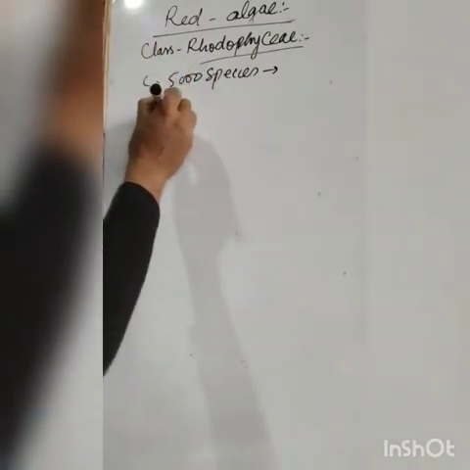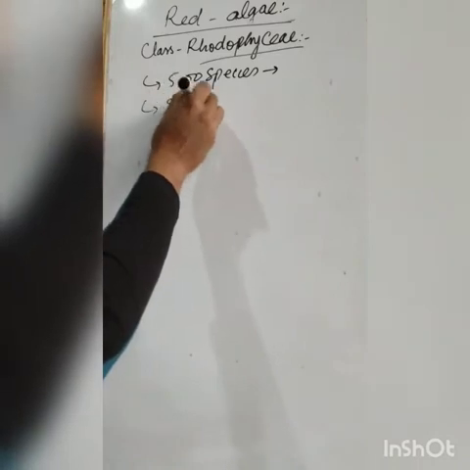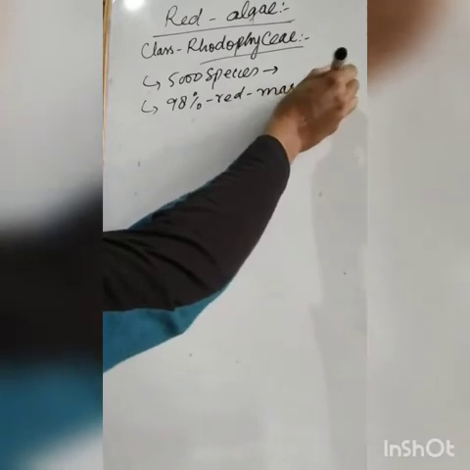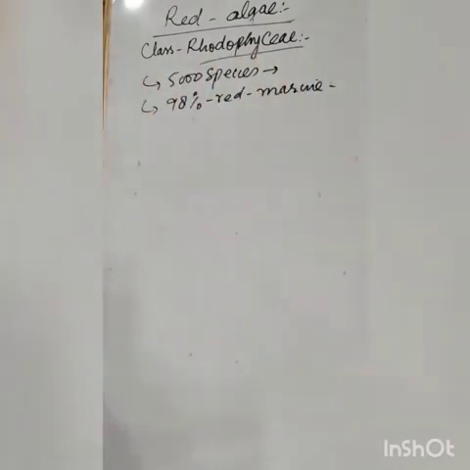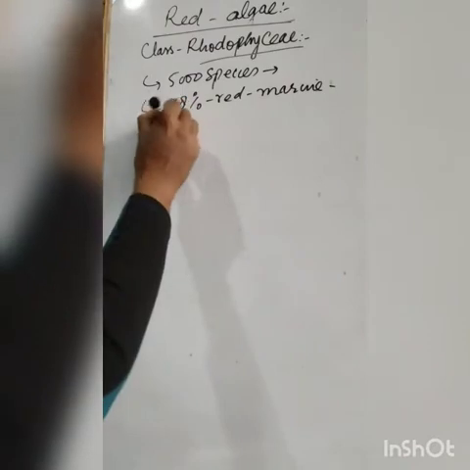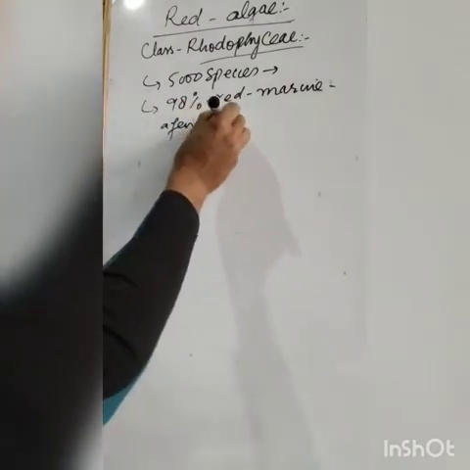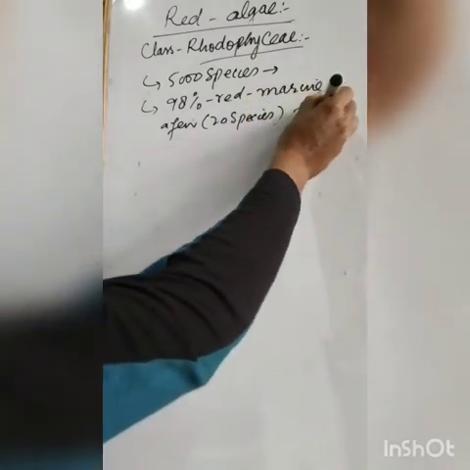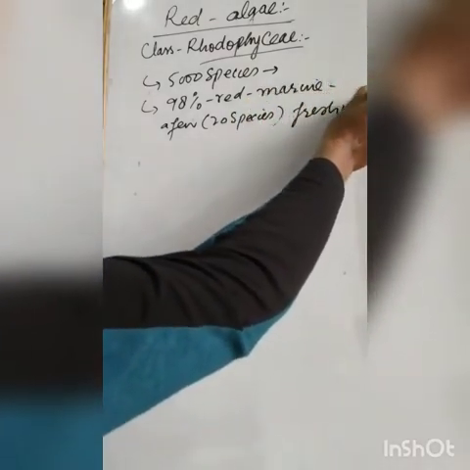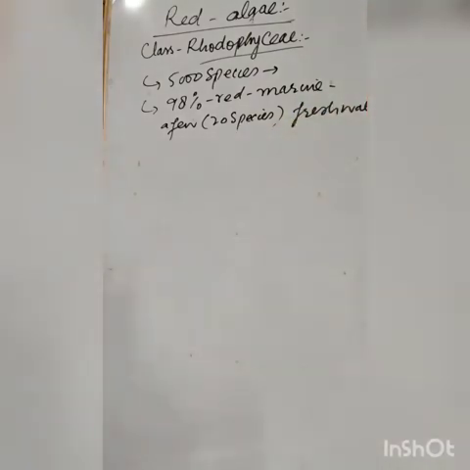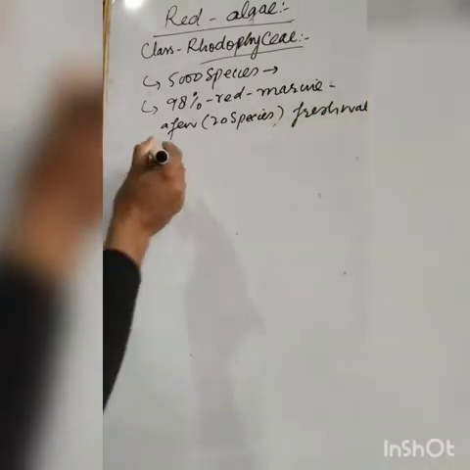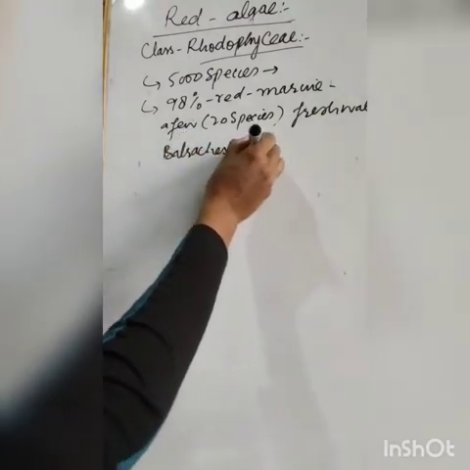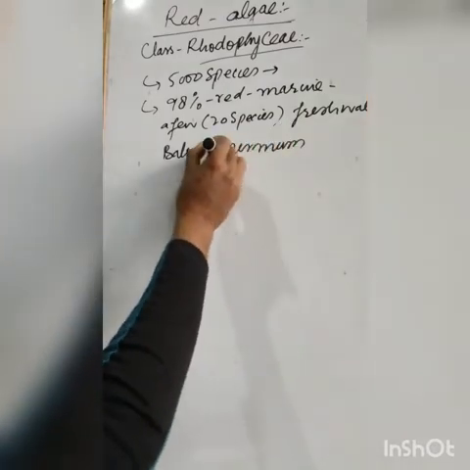The majority of the red algae, about 98%, are marine. A few, about 20 species, are found in fresh water. There is one common one called Batrachospermum.